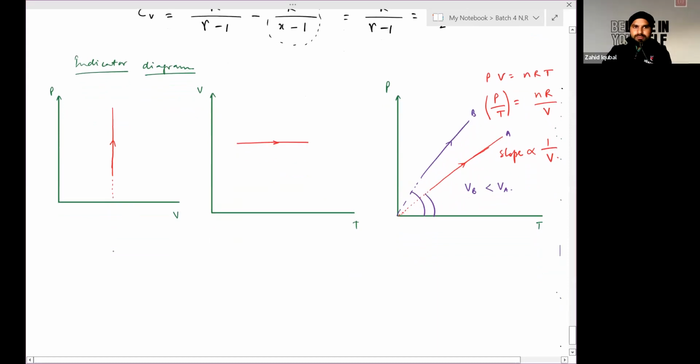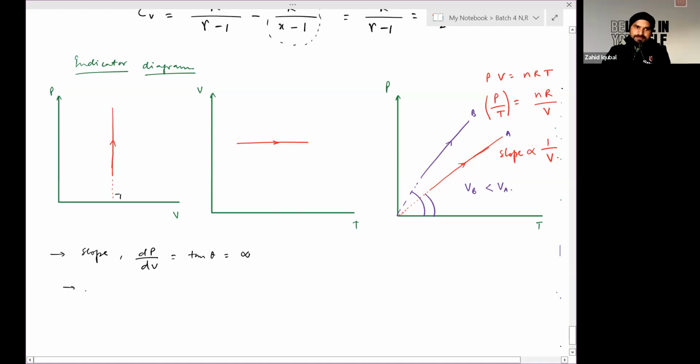Next, related to this pressure versus volume curve, we have to define first the slope dp by dv. Since this particular line is perpendicular to the x-axis, its inclination will be 90 degrees, and tan 90 is infinity. So the slope of this graph will be infinite.